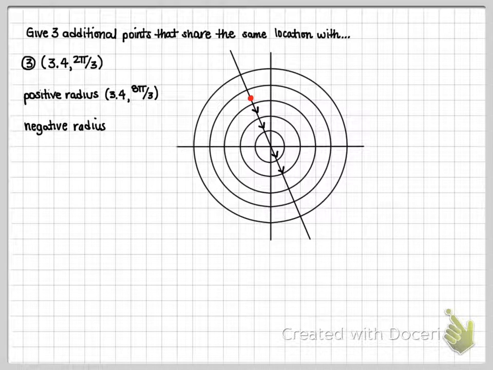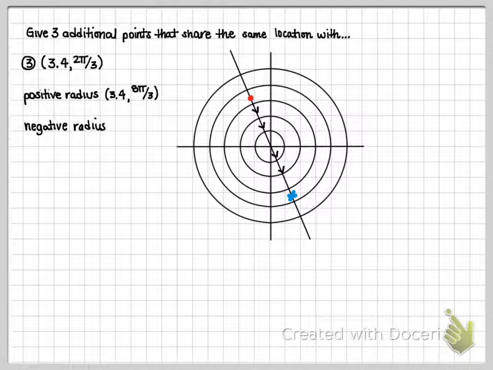And I want to go the exact same distance. So let's see where that should be. So I'm going to be at 2 pi over 3, 3.4. So I want to go 1, 2, 3 and some change, and just stay right on this line. I'm not going to plot it, I'm going to mark it. So for me, whenever I mark something, it's reminding me that that's where the negative radius is. And when I plot something, that's where my positive radius is.